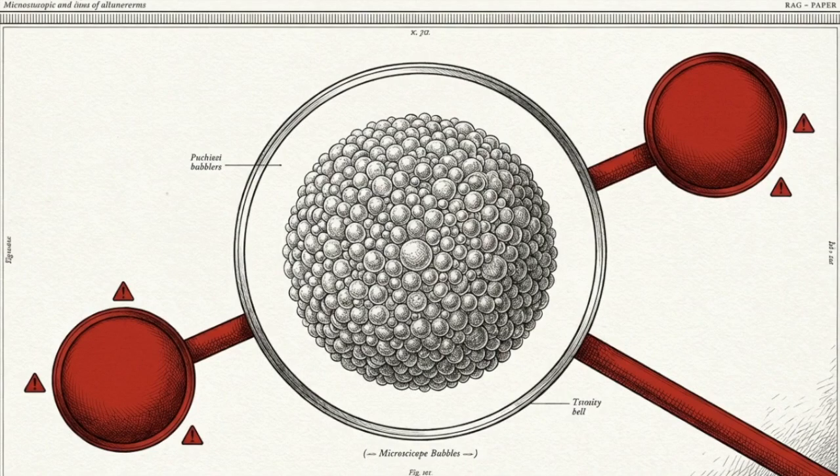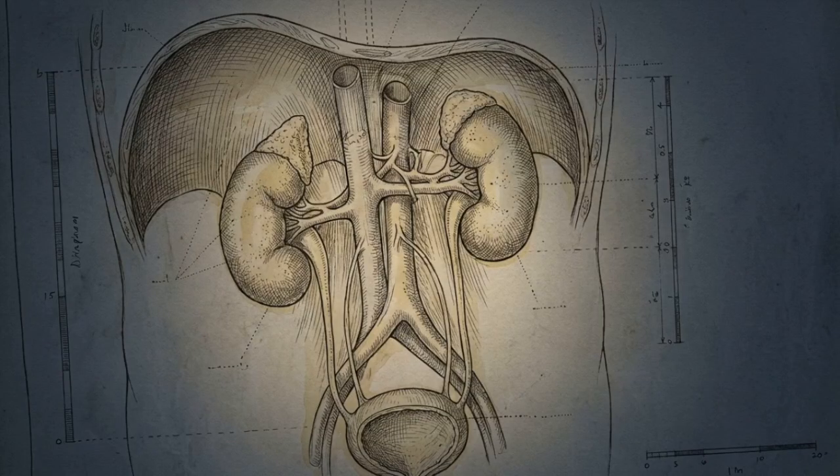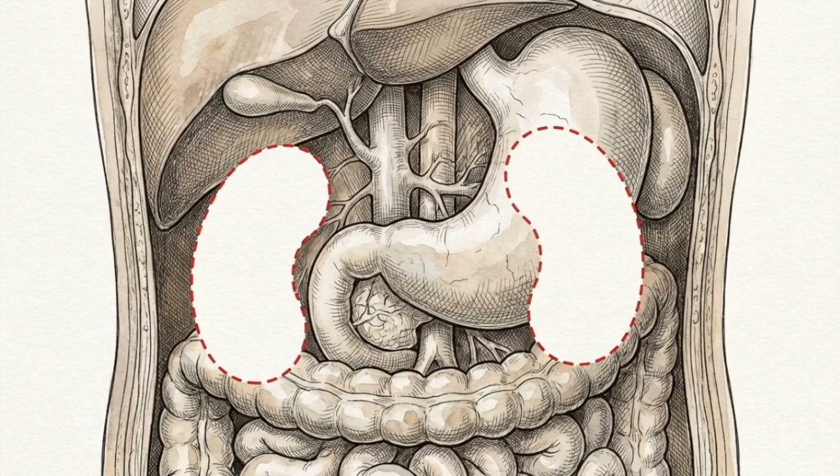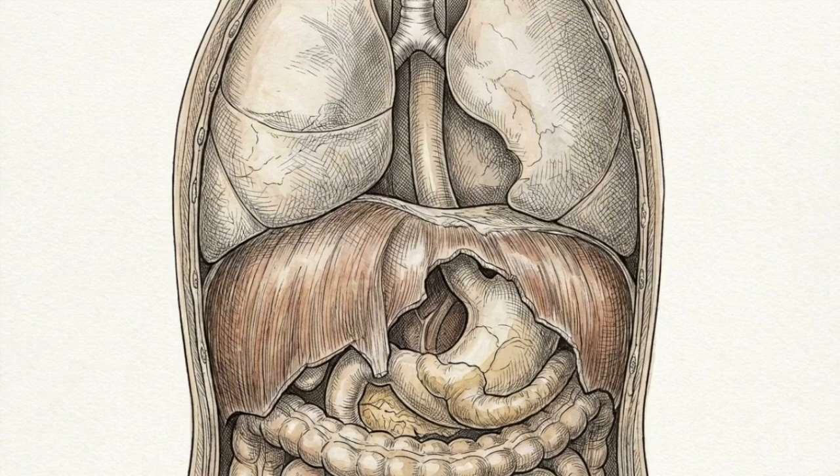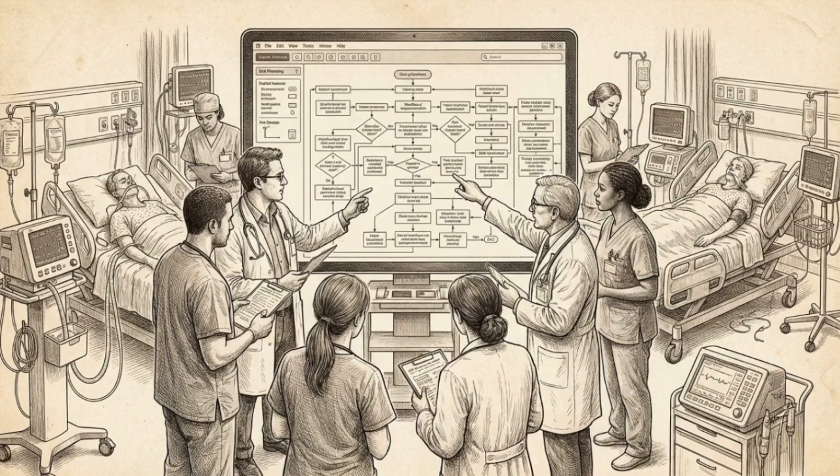It is highly correlated with other severe congenital defects, such as renal agenesis and diaphragmatic hernias. Renal agenesis is the failure of the fetal kidneys to develop, and a diaphragmatic hernia is a hole in the diaphragm, allowing abdominal organs into the chest cavity.